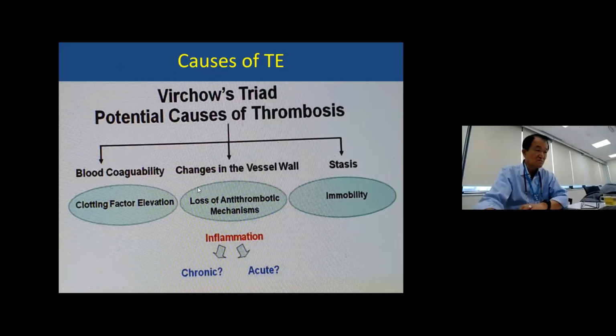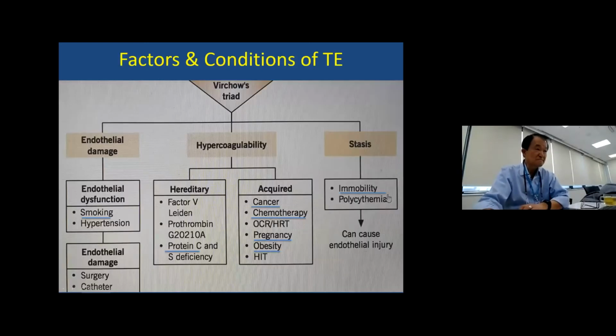Okay, and vascular wall changes by trauma, other things, that's a loss of antithrombotic mechanism here. And then certain clotting factors, congenital or other, elevation. These are all three combining. But again, this is triggering inflammation, and that produces acute or chronic thromboembolic disease.